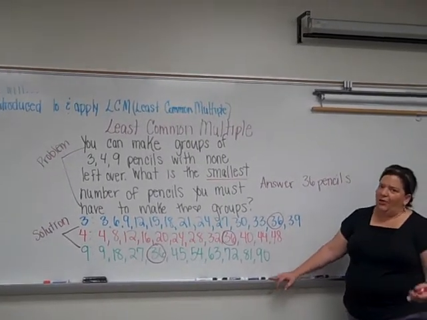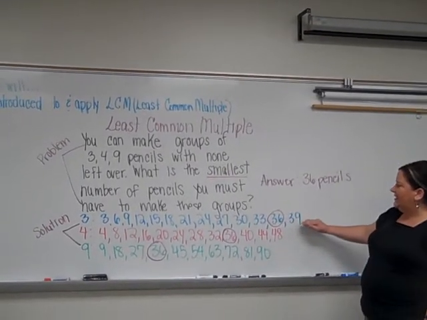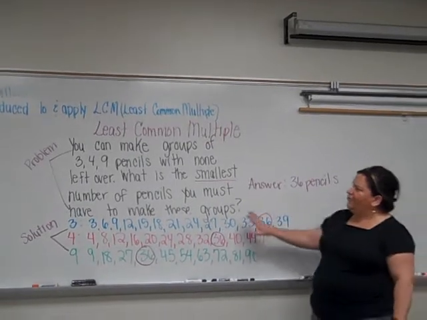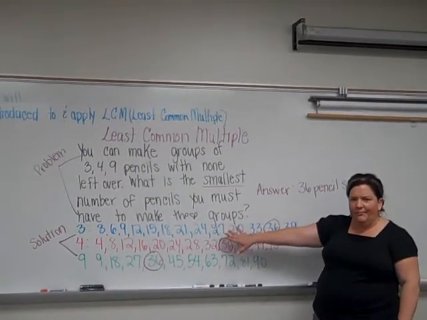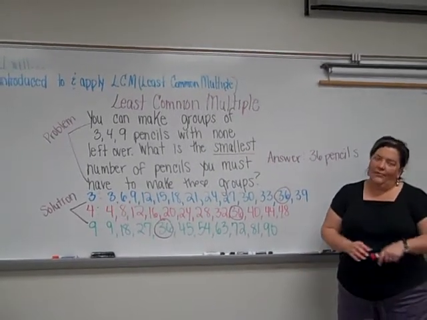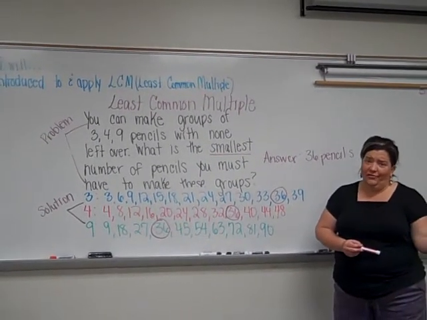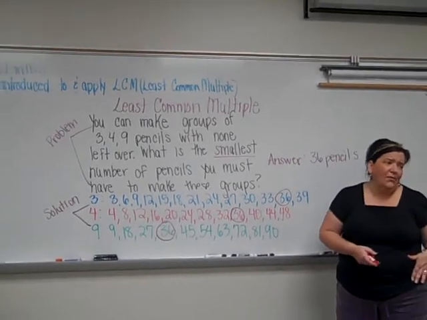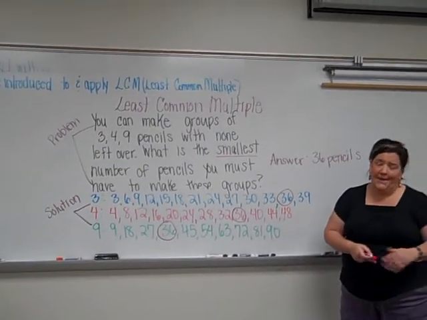So to do least common multiples, you have to continue to list the multiples of each number in the word problem. And I like to go up to at least 12. You may have to go higher than 12 if you cannot find a least common multiple. Okay?